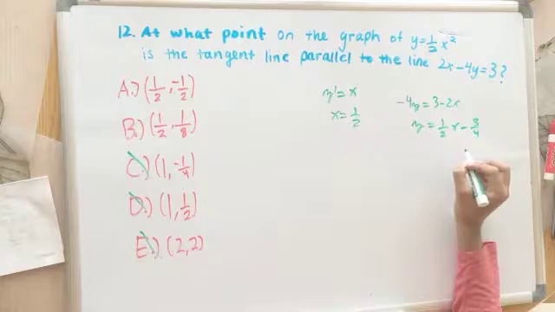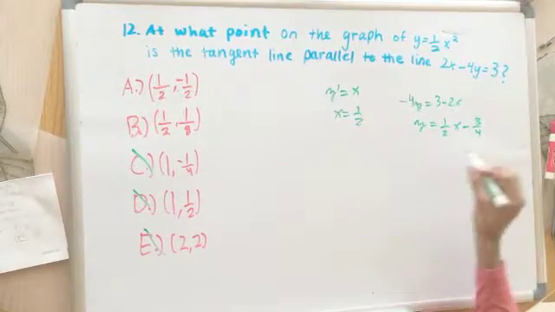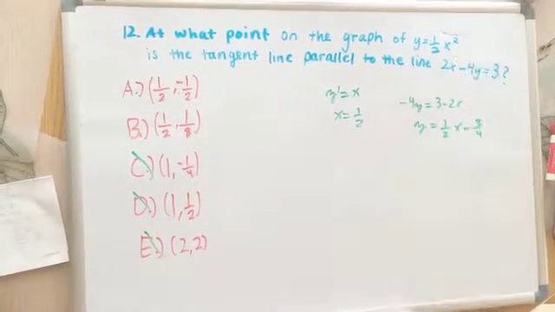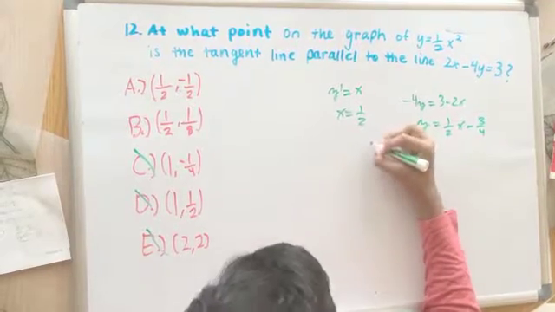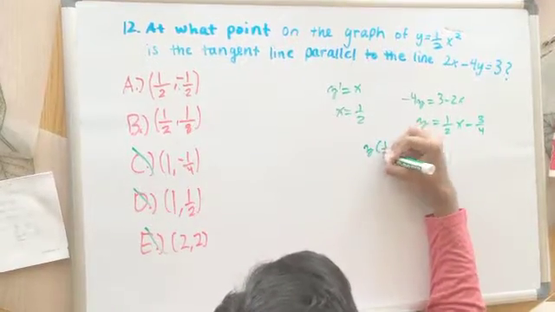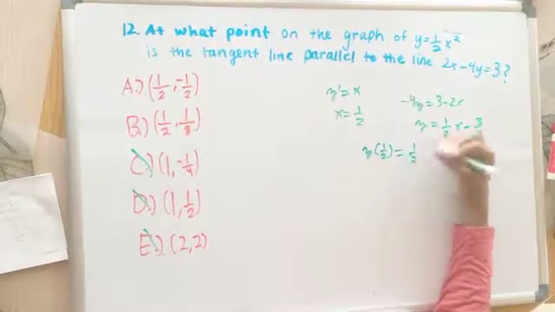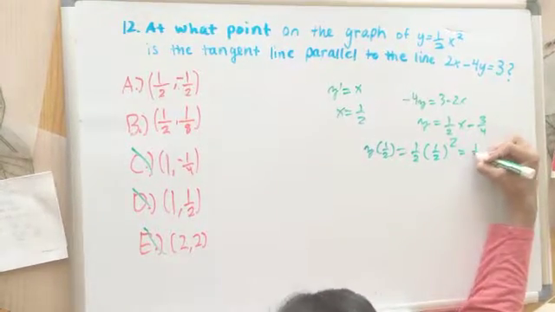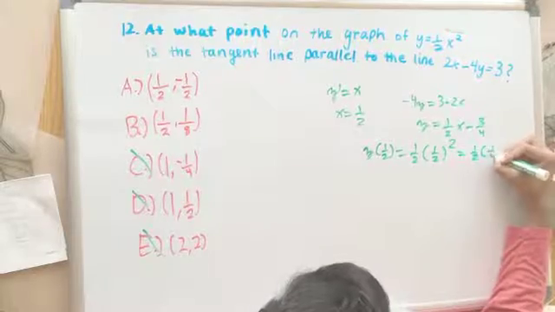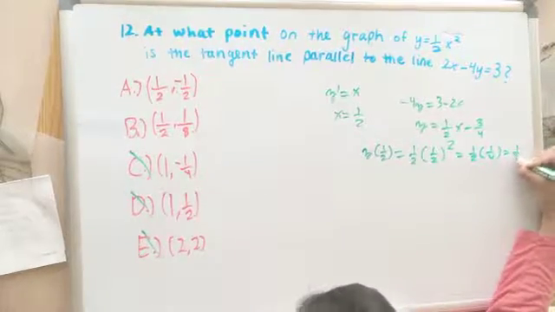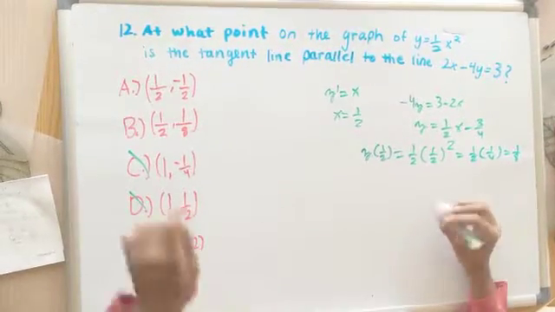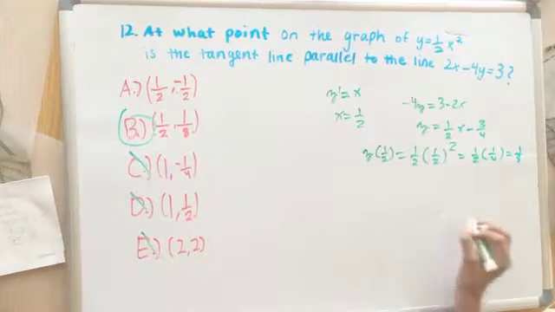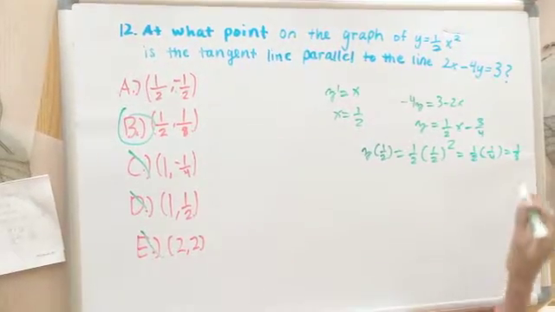So now to find the y value, you plug in 1/2 into this function. So y of 1/2 equals 1/2 times 1/2 squared, which is just 1/2 times 1/4, which is just 1/8. So this means that it's B, because your x is 1/2 and your y is 1/8.